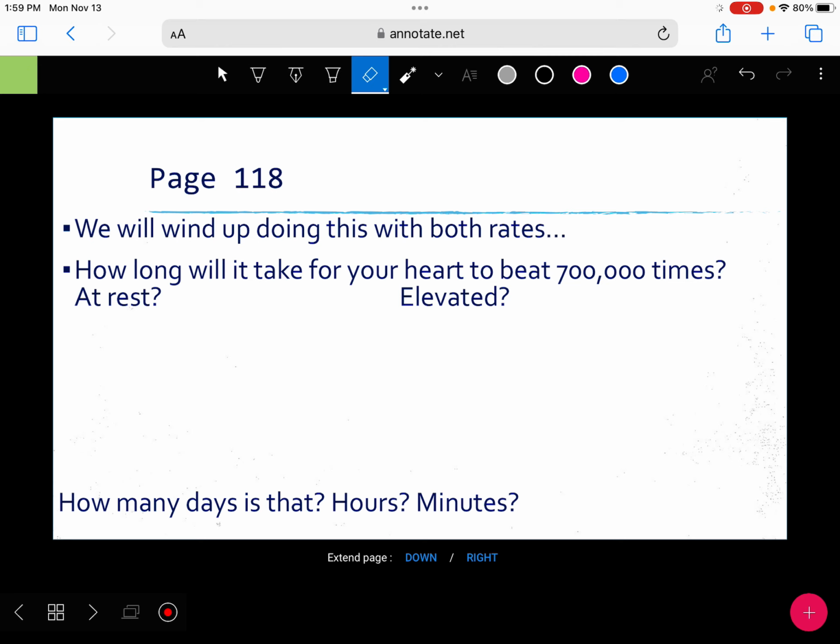What's your thought on how to do this? How could we figure this out? We can use my regular resting as 80.